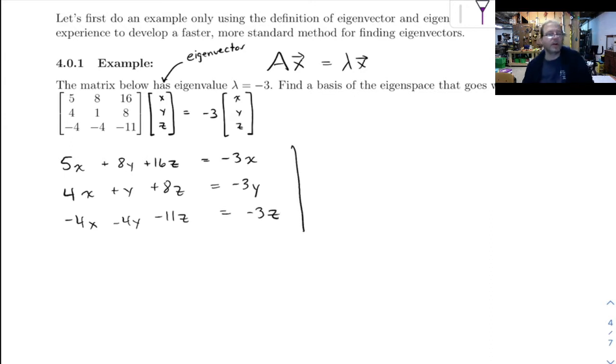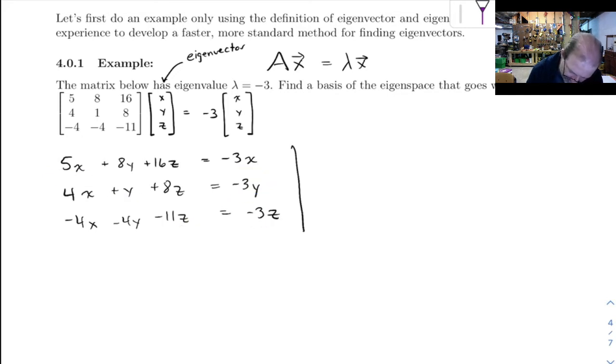Okay, so I've got this system now. What I want to do is take each one of these 3x, 3y, 3z terms and add them onto both sides. So this gets added on and affects this, I'll add this onto both sides and it affects this one, and same thing here.